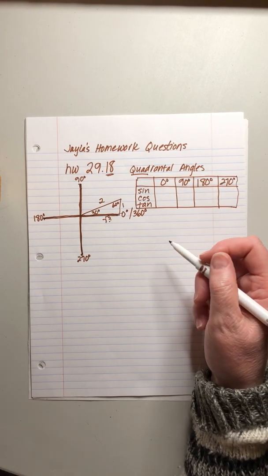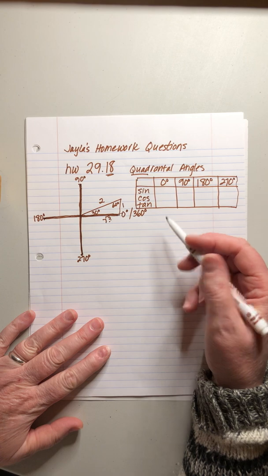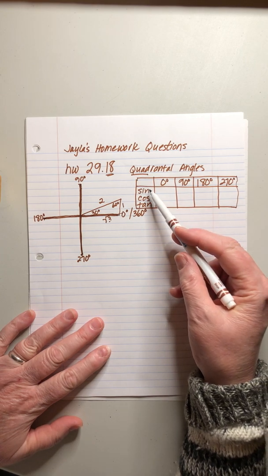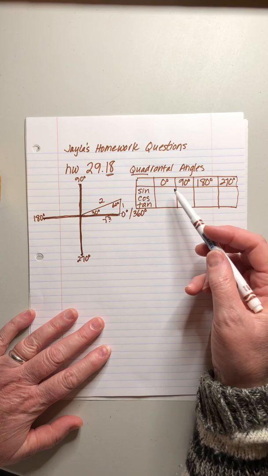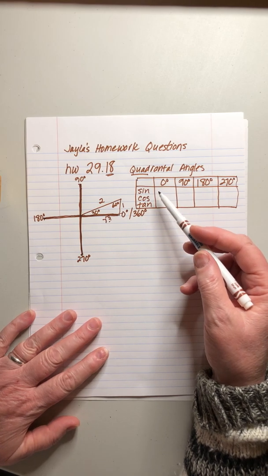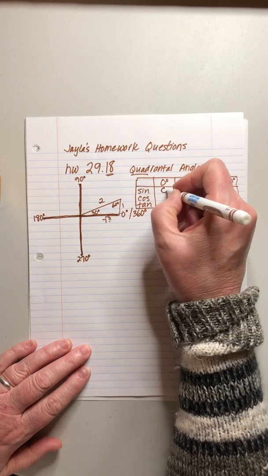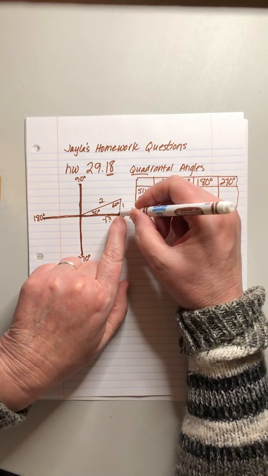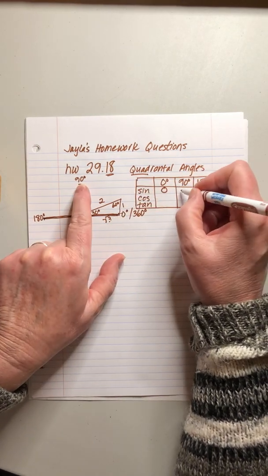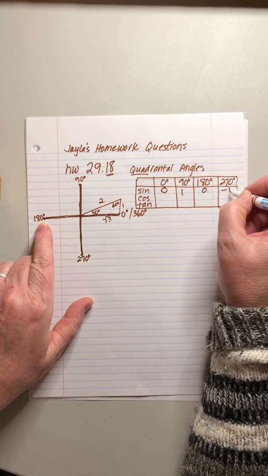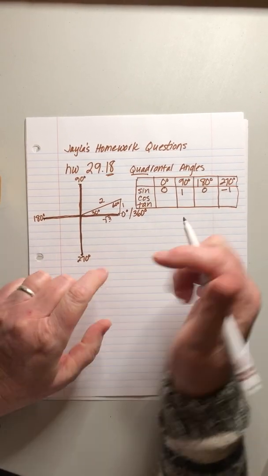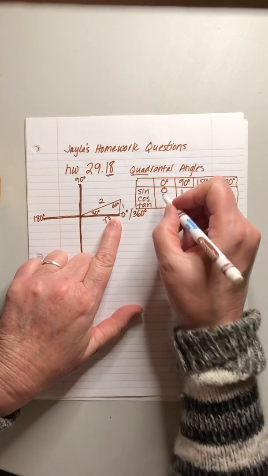All right? Now, the value of sine ranges from 1 to -1 and sometimes hits 0. This is the pattern. Here, sine is 0. Up here, it's +1. Here, it's 0. And here, it's -1. Cosine here is +1.